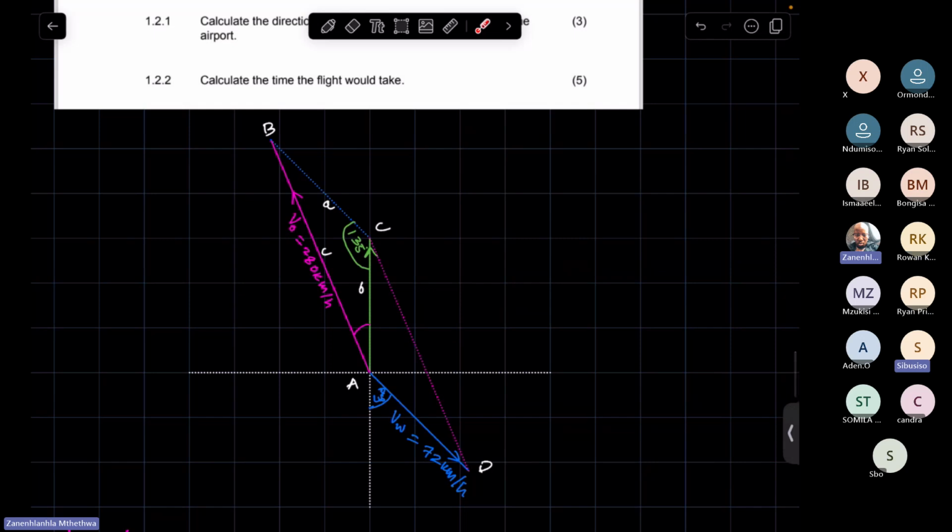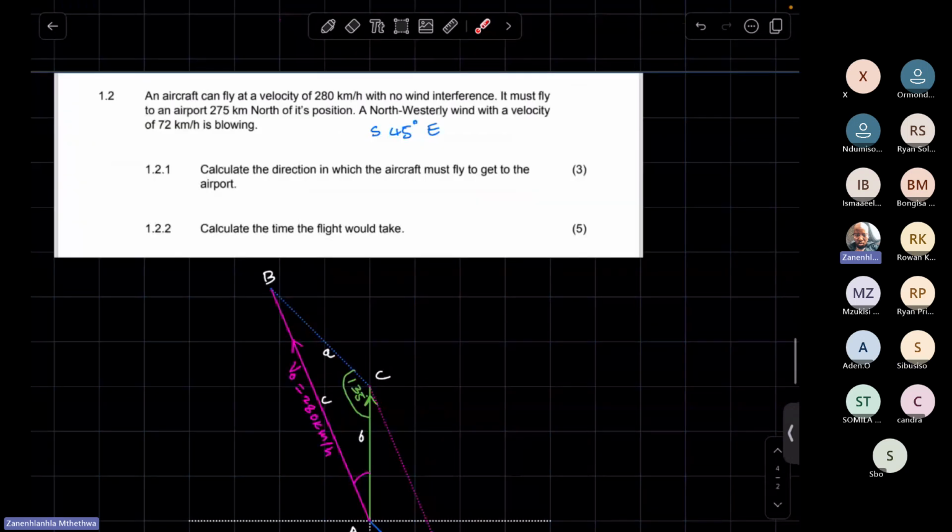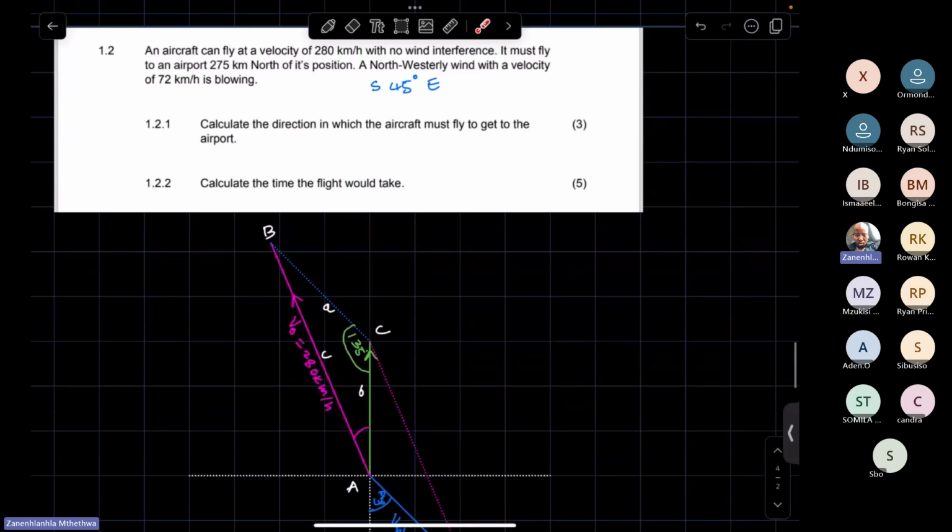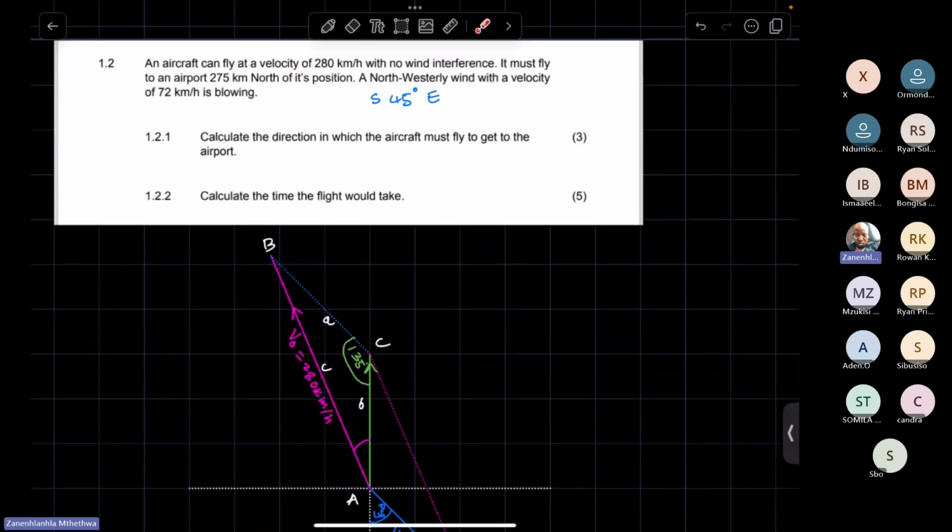Sorry, sir. My question is regarding, maybe it's my ignorance, how did we end up in the second quadrant for VO, not the north? Right. Now, remember that VO, the 280, is with no wind interference.